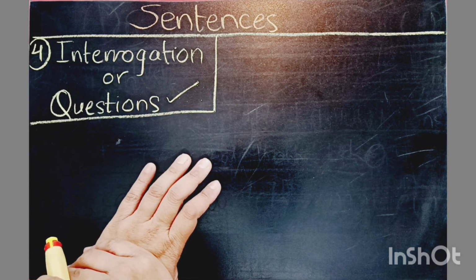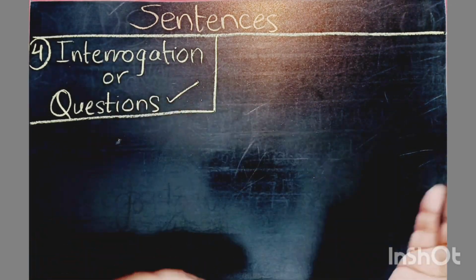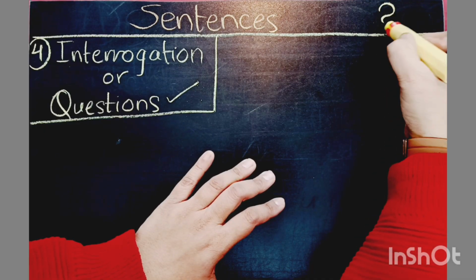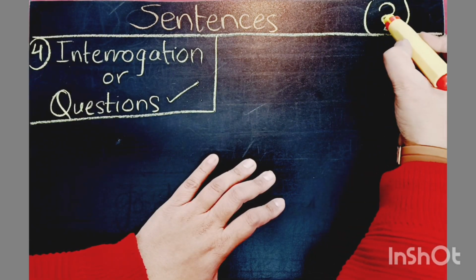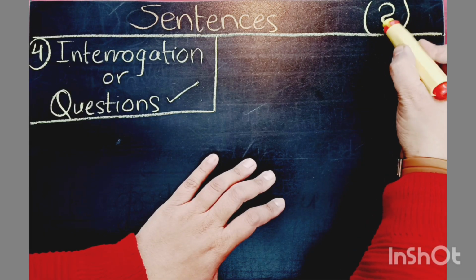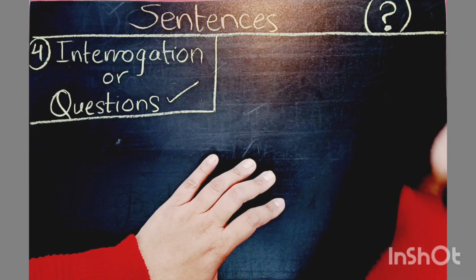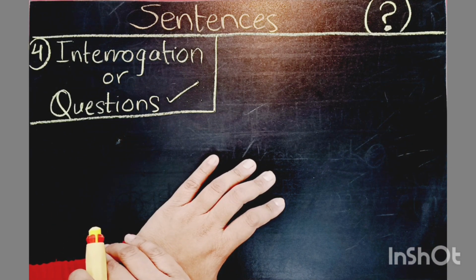So questions are the form of sentences which always end with a question mark, a hook type of line, and a dot under it. Okay. Questions always start with WH words. Okay.